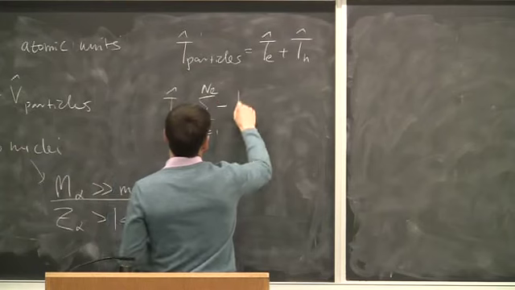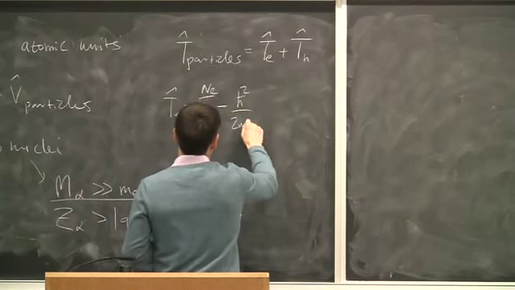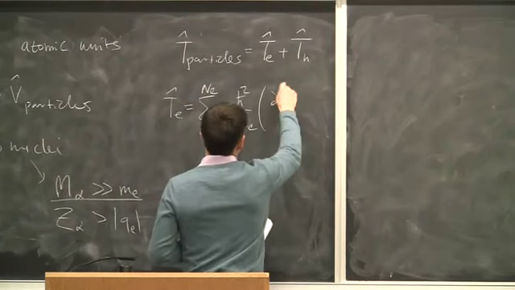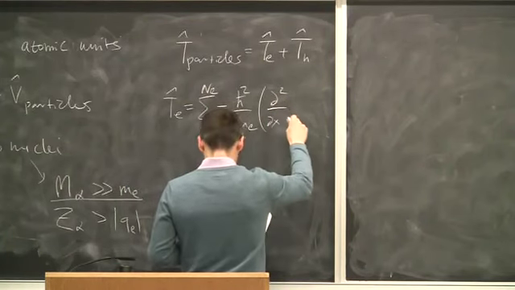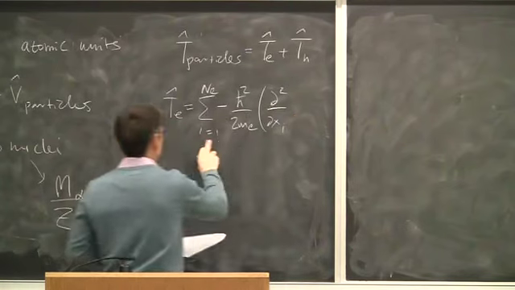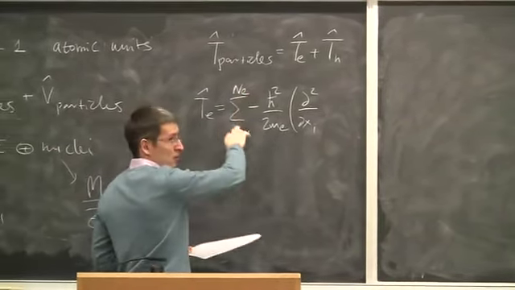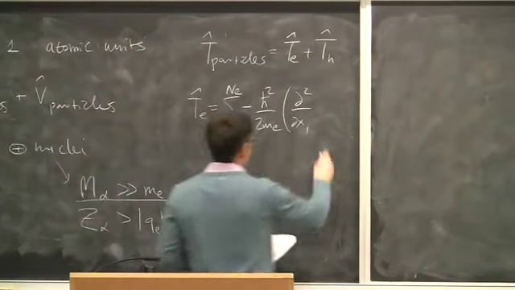Okay? And therefore, we have the Hamiltonian. We enumerate electrons by subscript i, n with subscript e is the number of electrons.